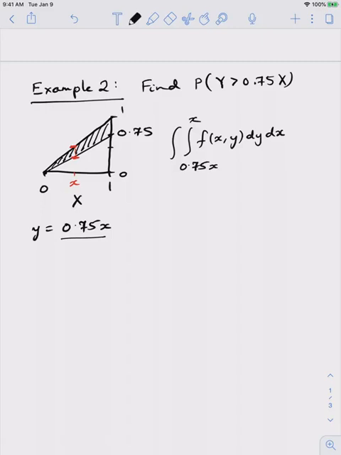And where could I have fixed x? Well, I could have fixed x anywhere along here. I could have fixed x between 0 and 1. And now my geometry is done, and it comes down to a calculus problem. And I'll remind you what the density is.